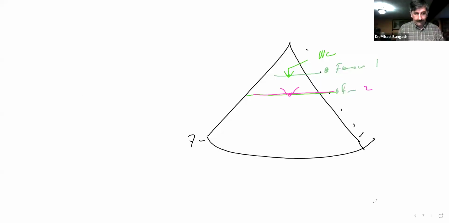So what we actually want for a good lateral resolution is that the distance between two structures which are side by side, this distance here, is greater than the width of the beam.